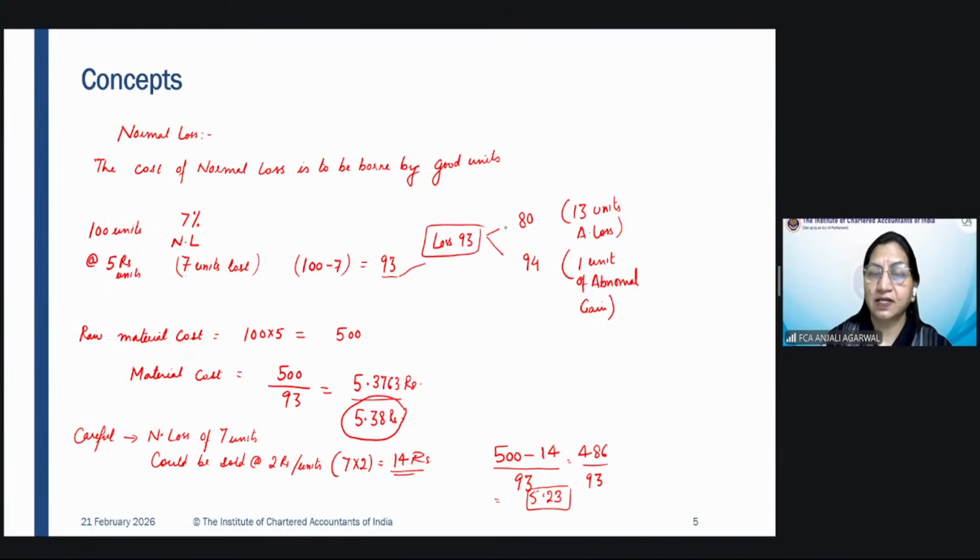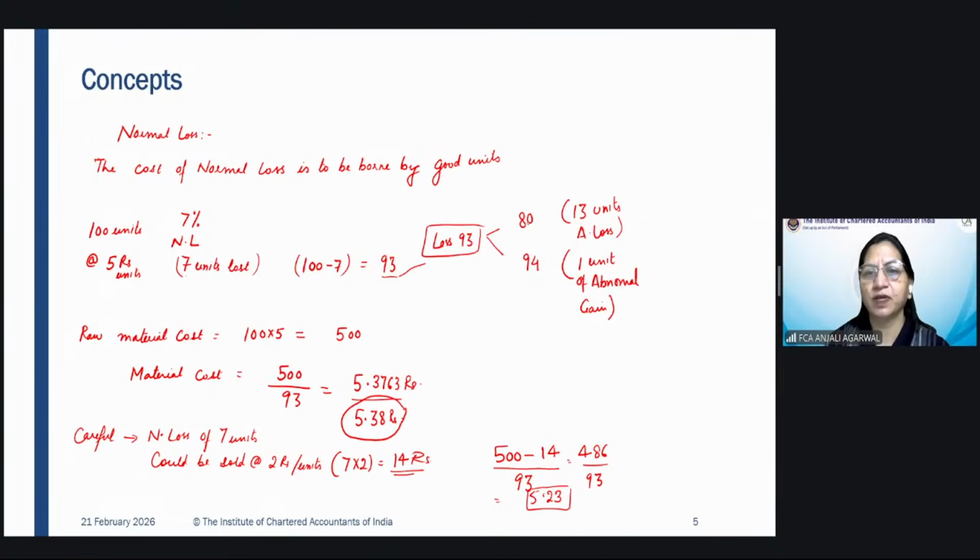If there is additional information that 5 units of output is kept in process 1, did not move to the next process, or we sold the 5 units from process 1 itself in the outside market, then my abnormal loss would not be 13, it would be 8, because out of 100, 7 should have been lost in the process. I agree, it should be 93. Out of 93, 5 I have sold in the market or kept in my warehouse. So 93 minus 5, 88, is what should move to the next process.